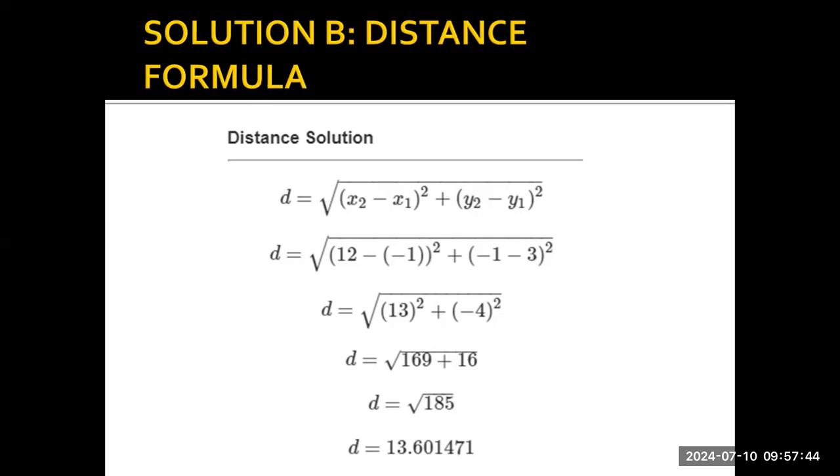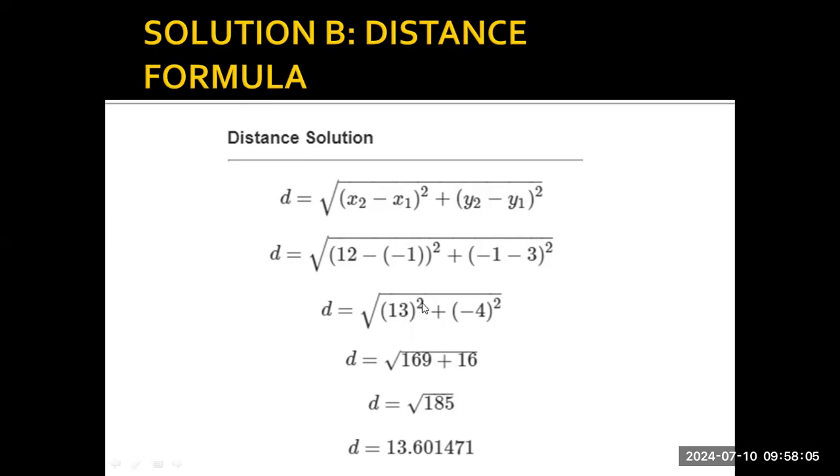12 minus negative 1 is the same as 12 plus 1. And that gives 13. And 13 should be squared. Negative 1 minus 3 is the same as negative 1 plus negative 3. So that gives the sum negative 4. And that should be squared also.